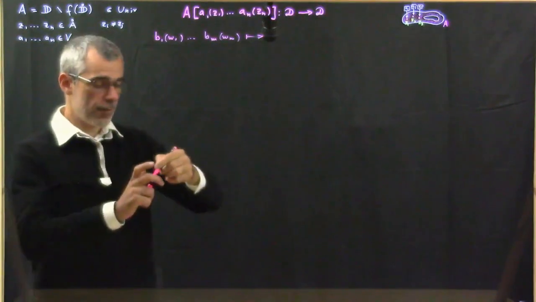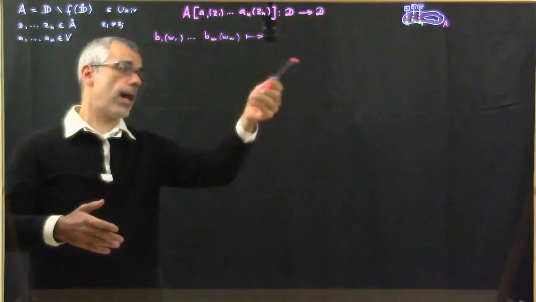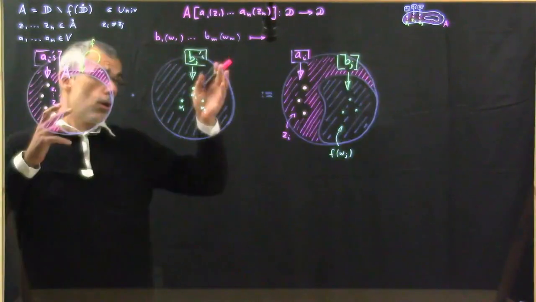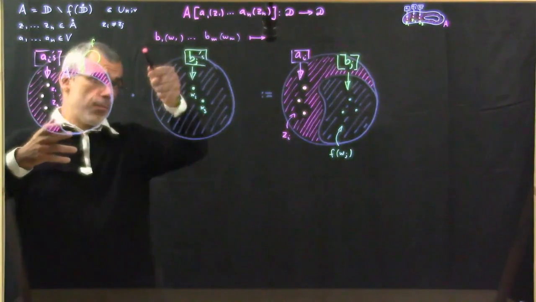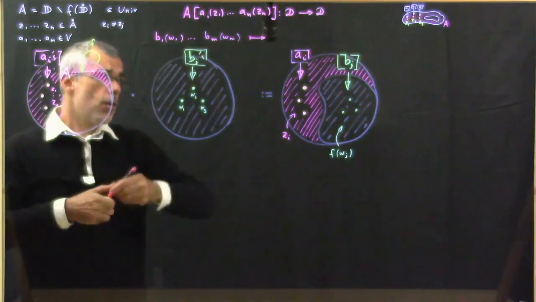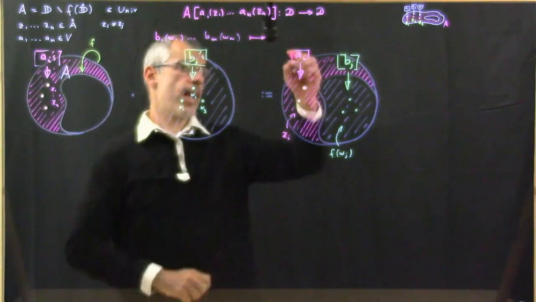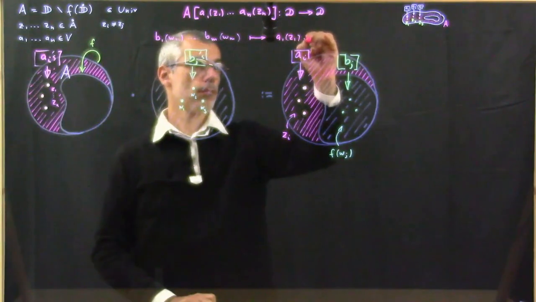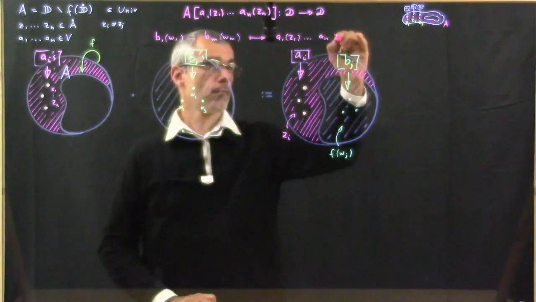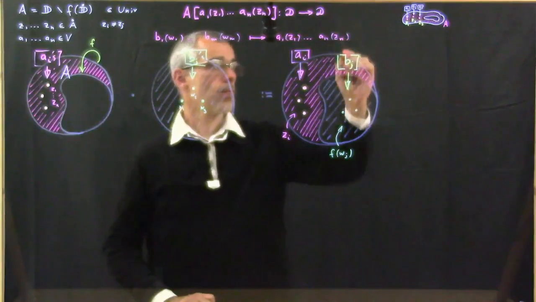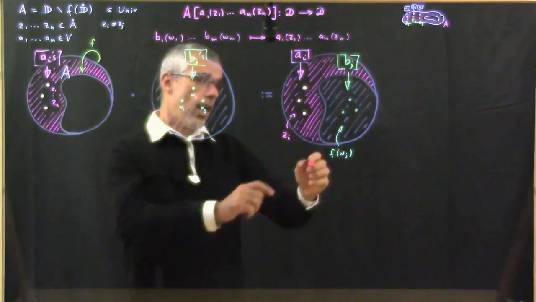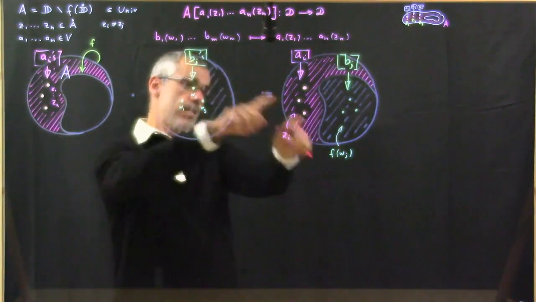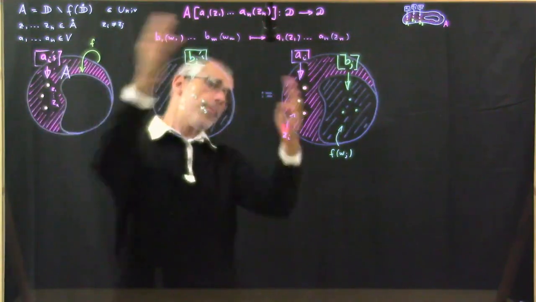Before I write the formula, let me draw the picture for you. So the formula is B1W1, BMWM goes to, and then we put first the AI of ZI's, and then we put the B's not at the points W's, but at their images under F.